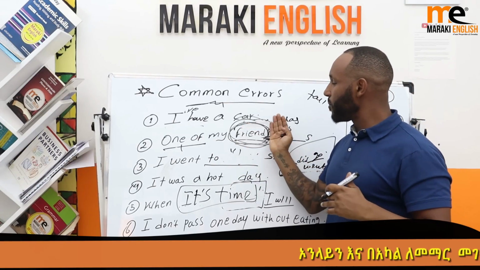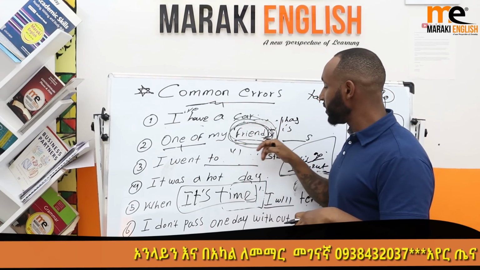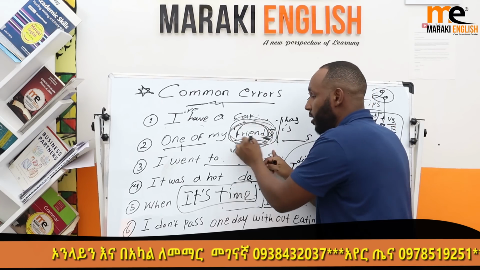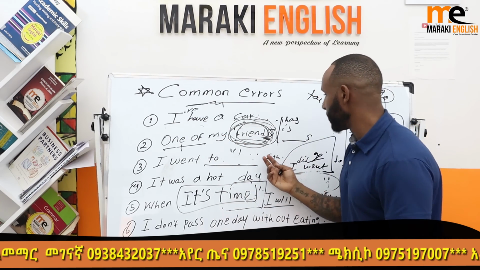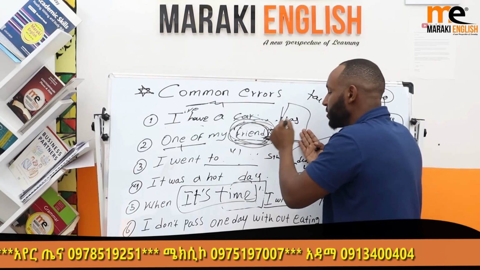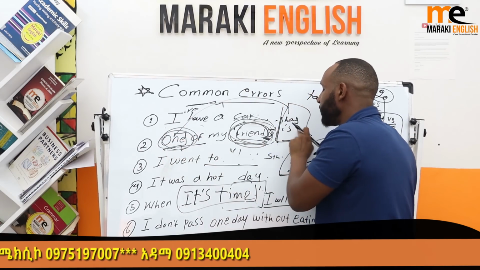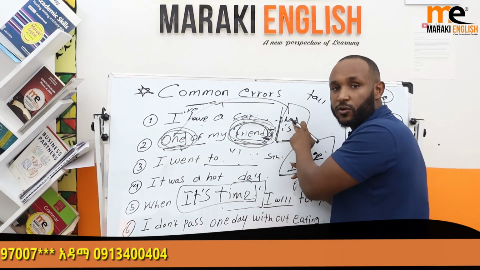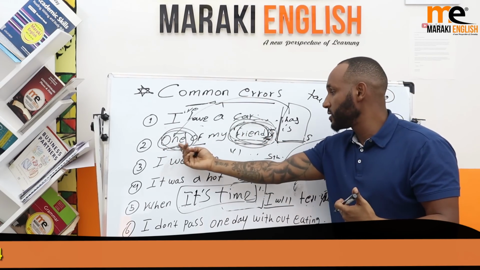This one of my friend was what we said, but the right one is one of my friends, because we're talking about plural or group. But again, if we have to follow it with a verb, we have to remember that we have one here. So you follow it with a singular verb or words that go with singular, like a singular pronoun or singular subject.